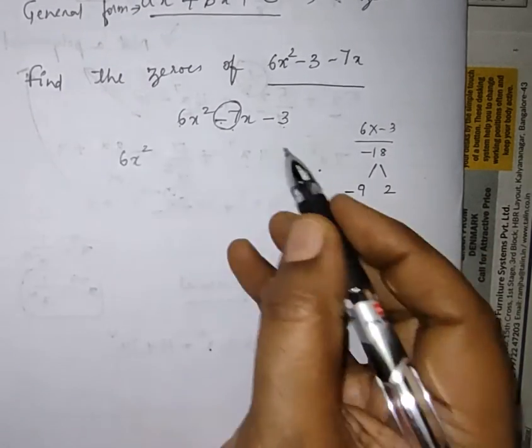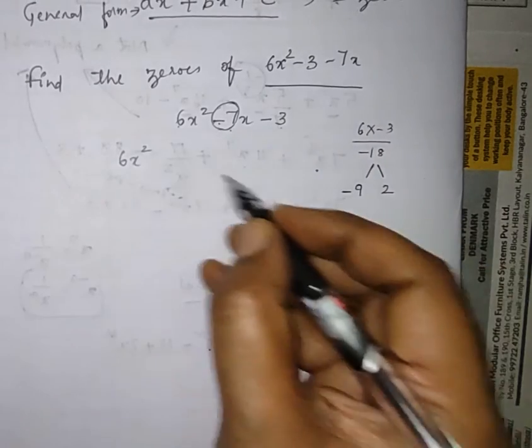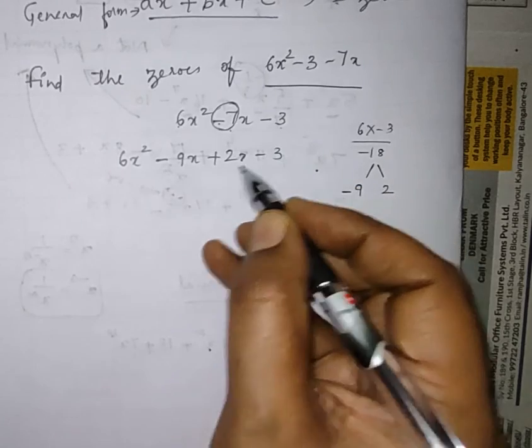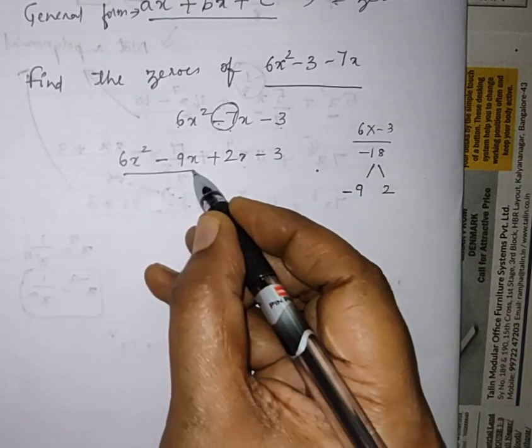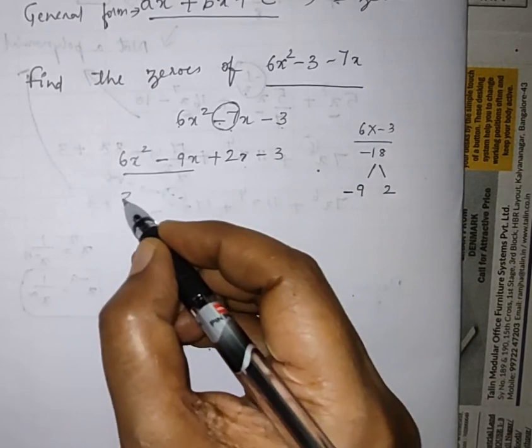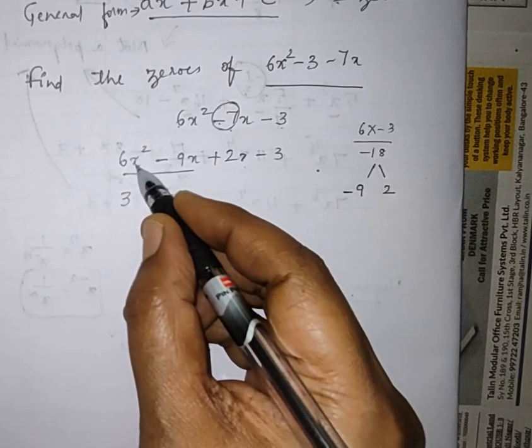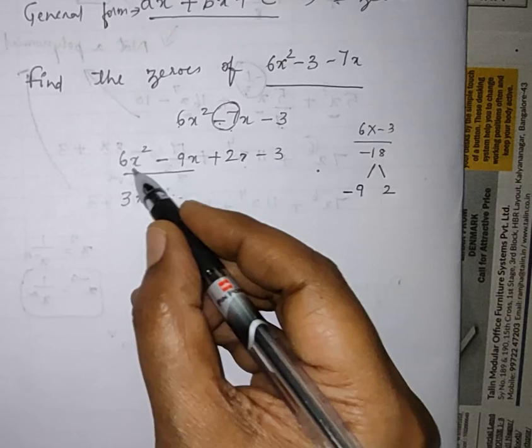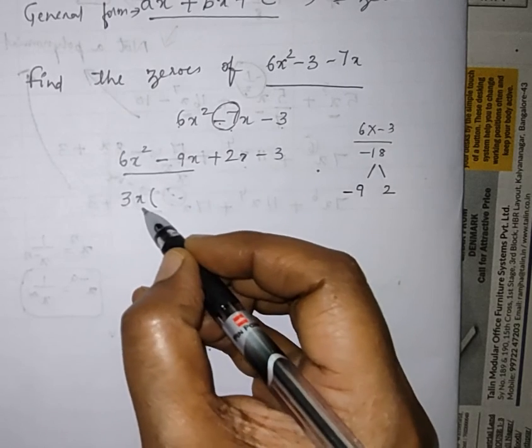Write the first term as it is. Instead of minus 7x, we write minus 9x plus 2x minus 3. Now combine the first two terms. 3 is the highest common factor, and among x square and x, x is the highest common factor. So from 6x square minus 9x we have taken 3x common.